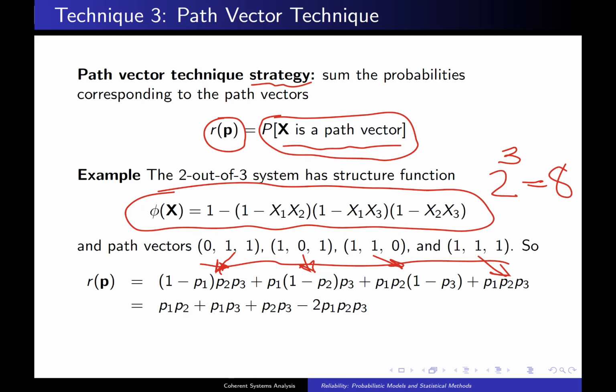Now, if you want to simplify that and shorten it a little bit, you can multiply it out and you get P1 P2 plus P1 P3 plus P2 P3 minus 2 times P1 P2 P3. That is the reliability function of a 2 out of 3 system.